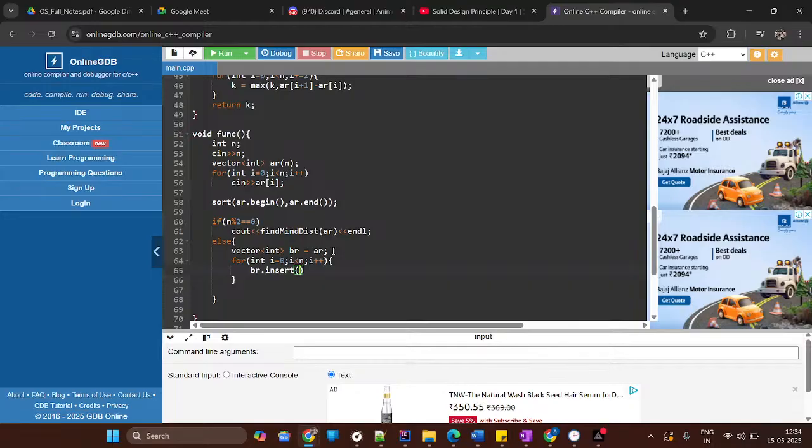We can also insert at the end, right? 0 means we are inserting before 0, and n minus 1 we are inserting just before n. We can also insert after. So let's run it.